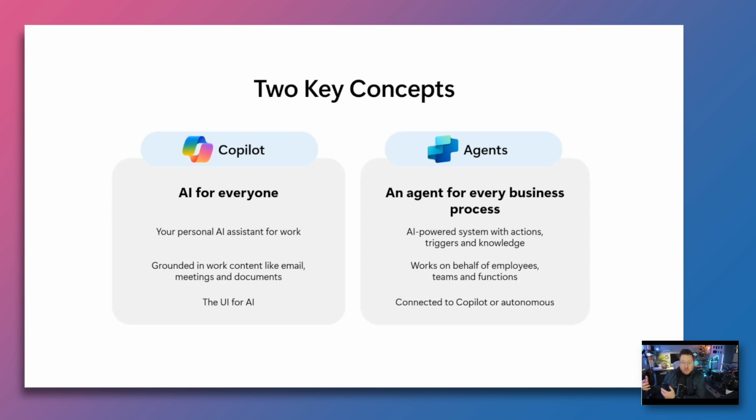Maybe they're also tucked away in a ServiceNow instance or some other third-party instance. Agents allow us to take all of those different connectors and knowledge bases and put them in a single location so users can search that really easily, leveraging natural language and the power of Copilot. So that's what agents are. They're part of Copilot, but they allow us to build a very focused knowledge and business process and build around that.